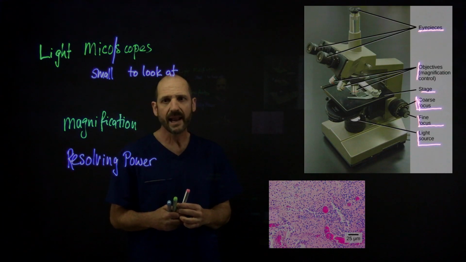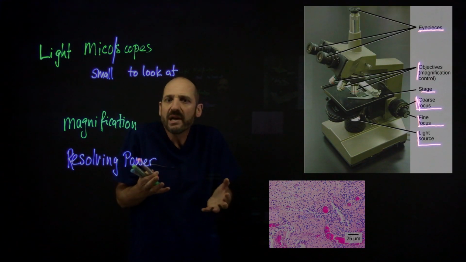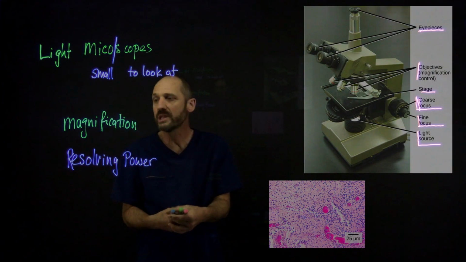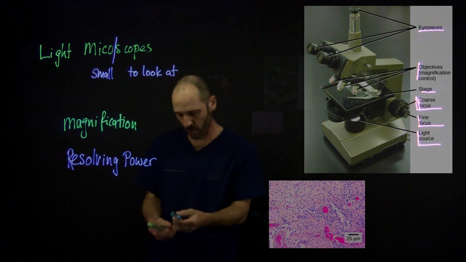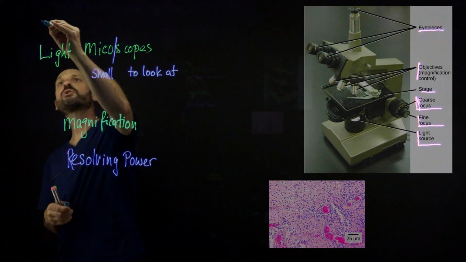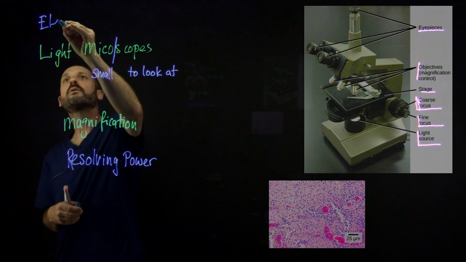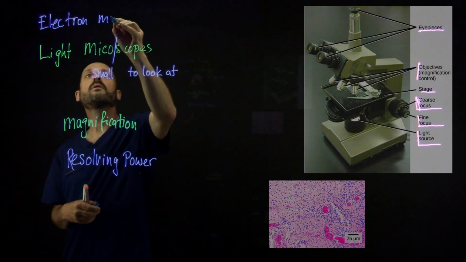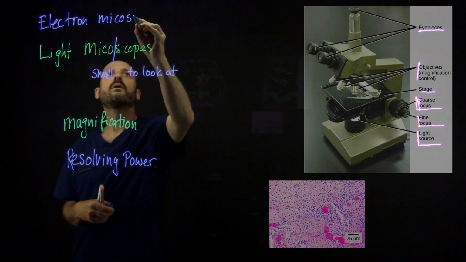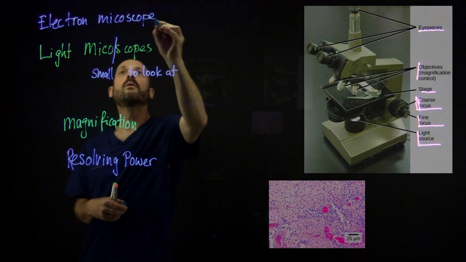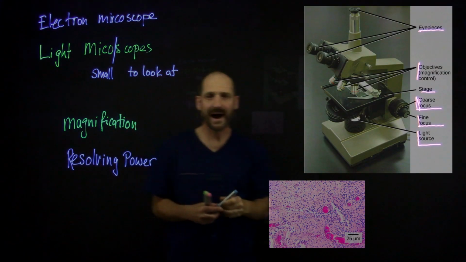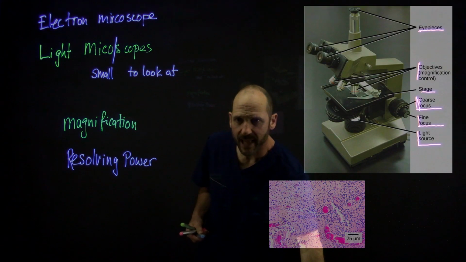If you want to see something bigger or even smaller objects, we can use the electron microscope.